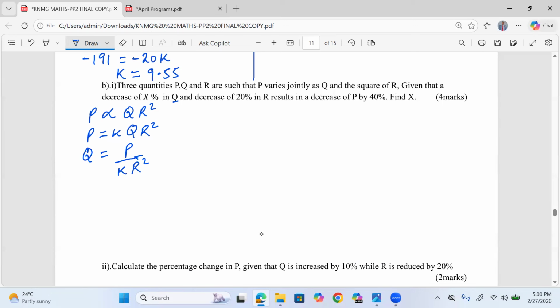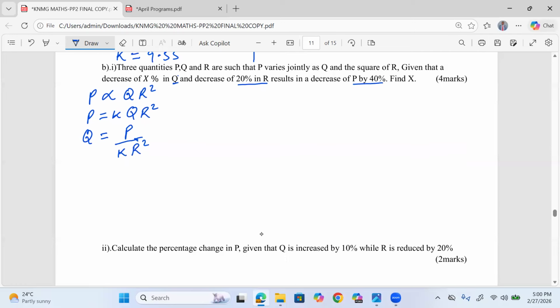So it's like we are being told now to mention the change that we will get in Q when R and P are changed. I think I've made it simple now. Yeah, we've made Q the subject because we want the percentage change in Q. That will correspond to 20% decrease in R and 40% decrease in P.